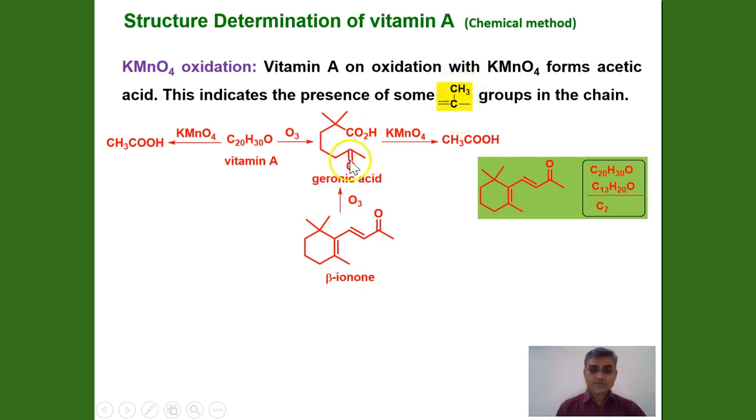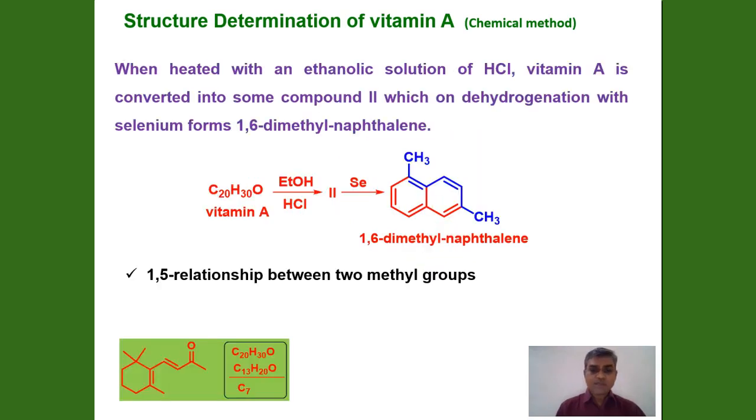So with the isoprene rule, we can assume that somewhere in vitamin A there is a carbon-carbon double bond to which a CH3 group is attached. Now, how many CH3 groups are attached and what are their positions with respect to each other? For that, one interesting experiment was performed, and it is nothing but selenium dehydrogenation.